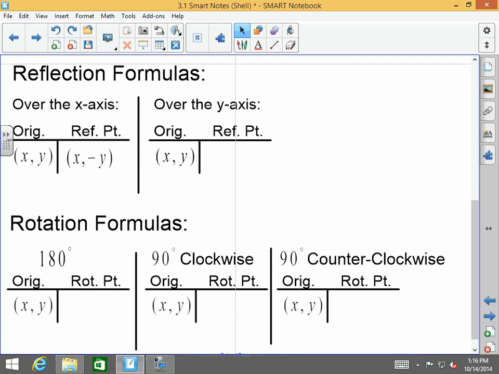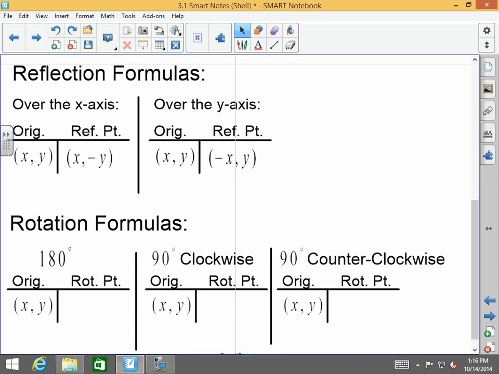So whatever the xy was, multiply the y by a negative, and you have your new reflected point. You can investigate this formula with the first example that I gave you earlier today, where we reflected triangle KIT and KET. If you reflect over the y-axis, my original point is xy, you simply multiply the x by a negative. So it would be negative x comma y.